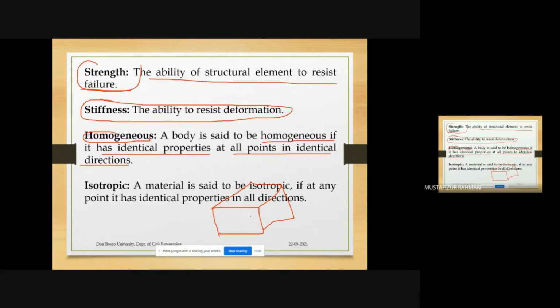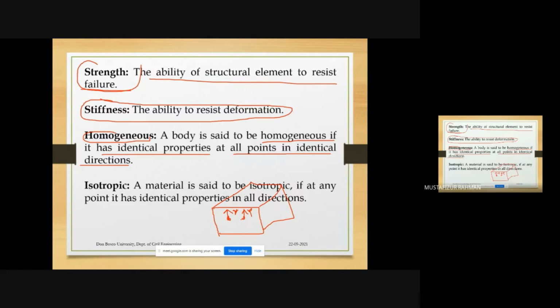Identical properties at all points. Okay, this point and this point. The properties in x direction here and, sorry, let's say this is y direction. In y direction here and properties in y direction in the other point as well is exactly similar. So that is a homogeneous material. So homogeneous material will be of the same type, it is of one property.